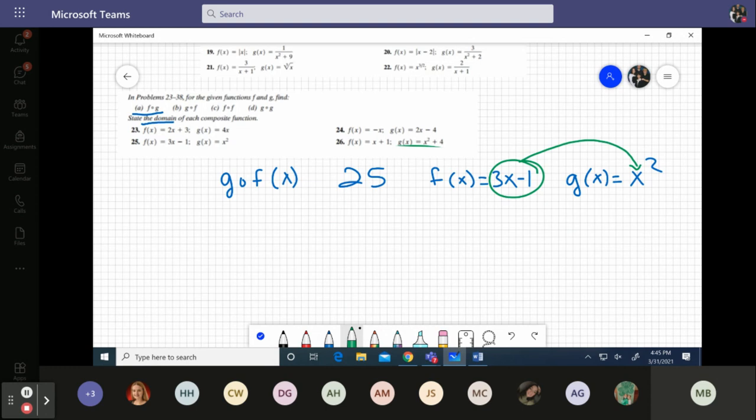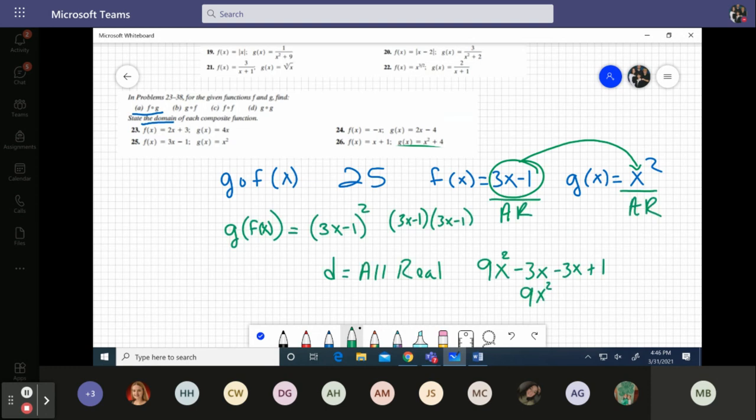And we can FOIL this out, 3x minus 1 times 3x minus 1, so we get 9x squared minus 3x minus 3x plus 1, 9x squared minus 6x plus 1. Okay?